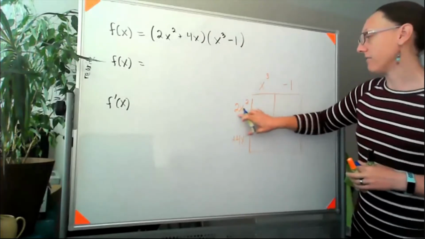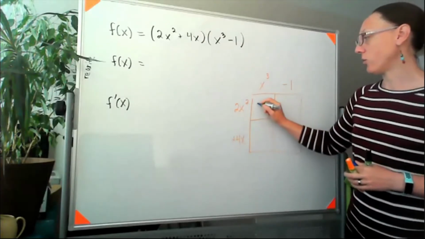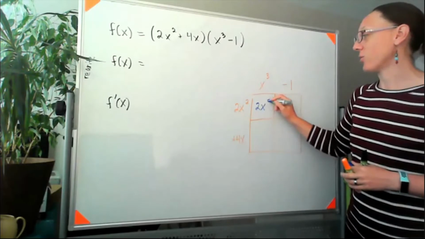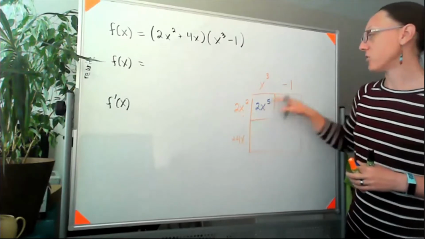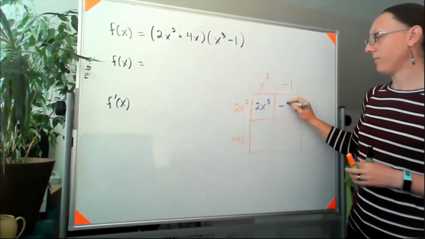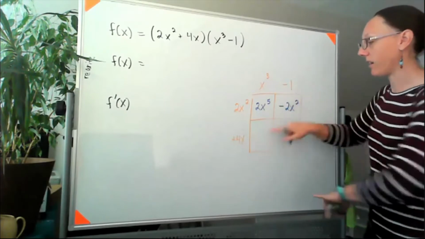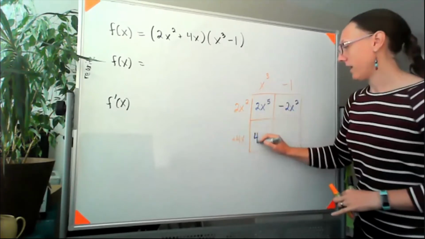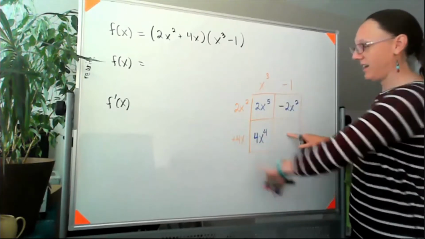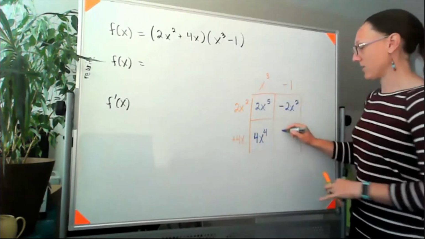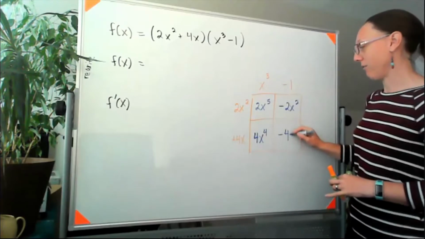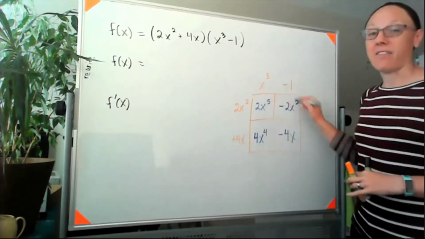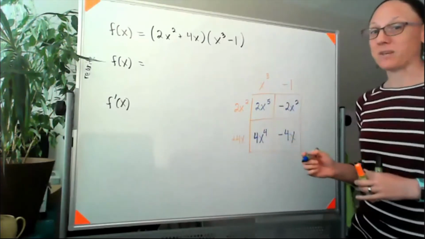So here I'd have 2x squared times x cubed and get 2x to the 5th. Then 2x squared times minus 1 gives negative 2x squared. For this one, 4x times x cubed gives 4x to the 4th. And here 4x times negative 1 is negative 4x. And then I list all those pieces out.